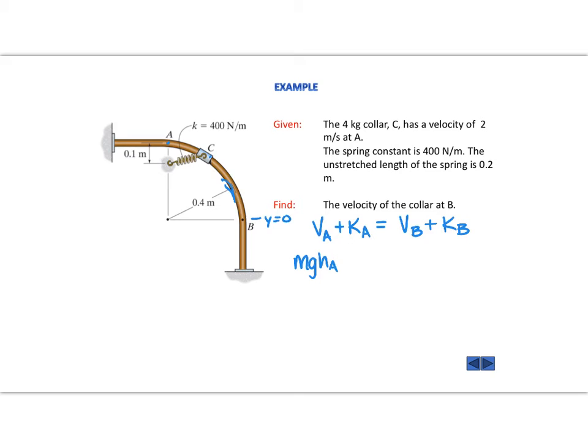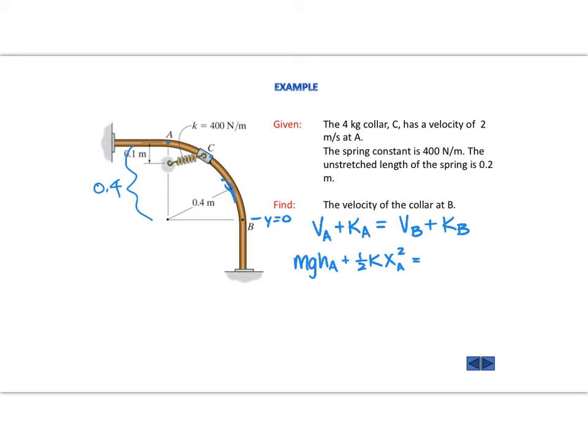So the distance from A to the central point is going to be 0.4. It's also going to have some sort of kinetic energy. Not kinetic energy, elastic energy, due to the fact that it's compressed or stretched. So we're going to let that be x sub A for right now.